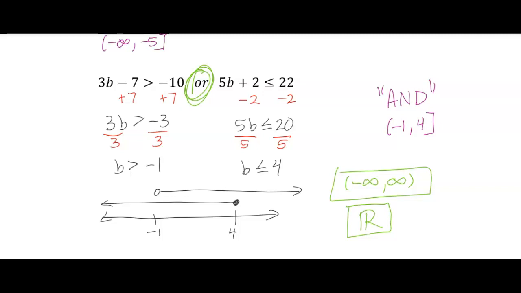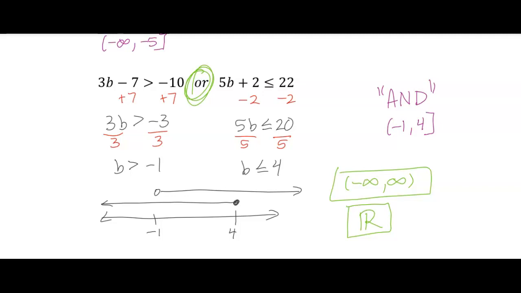I kind of enjoy learning fancy, goofy little symbols like that. That is a way of saying all real numbers are an answer. It's a little more straightforward to say -infinity to +infinity, but you can also use the big capital R.